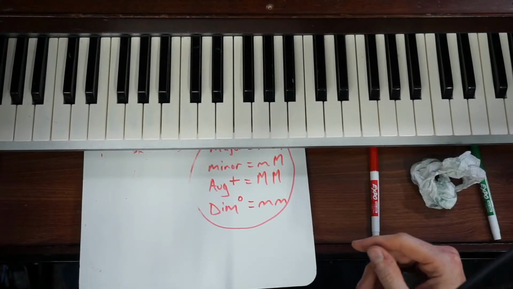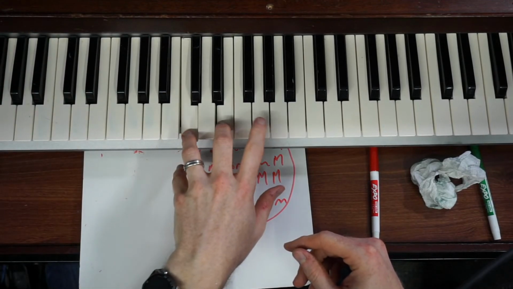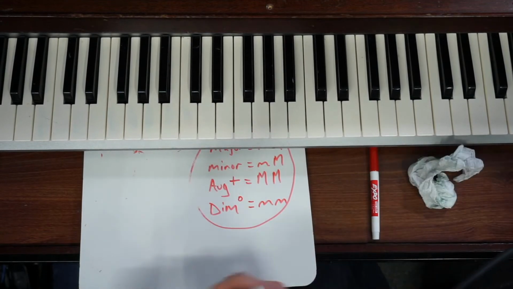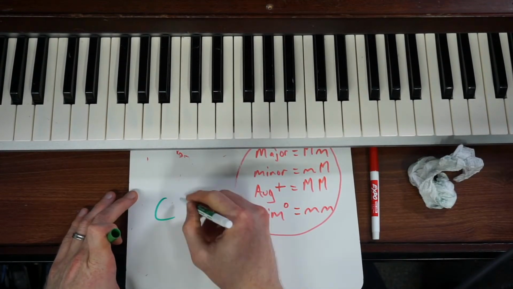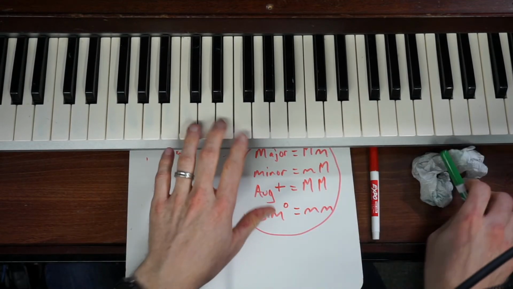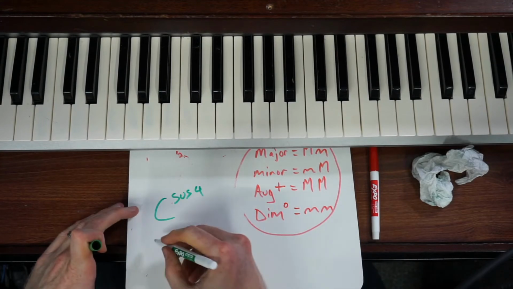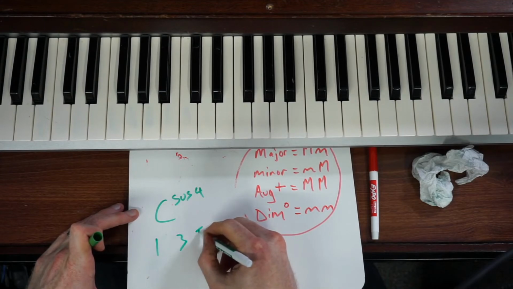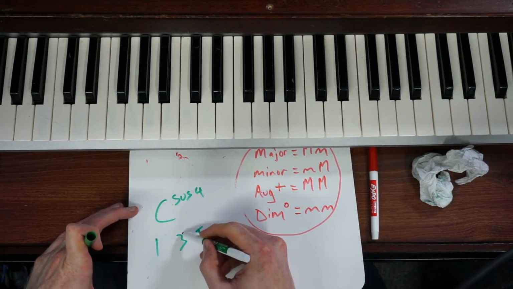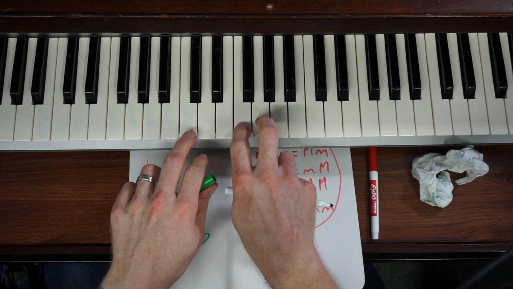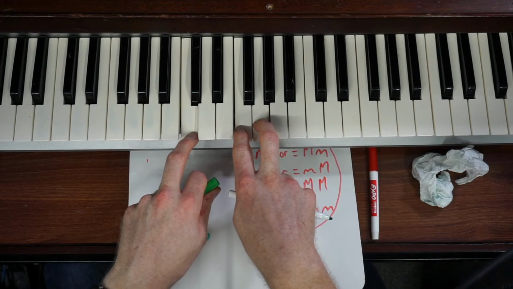Well, the sus fourth is not that. No, the sus fourth is, if we have our triad here, our 1, 3, 5, a lot of times if you see, like, C sus 4, what this basically means is our normal triad is going to be 1, 3, and 5. And basically what it's saying is suspend the 3, get rid of it, and then add a 4 in there instead. So you have that. Okay.